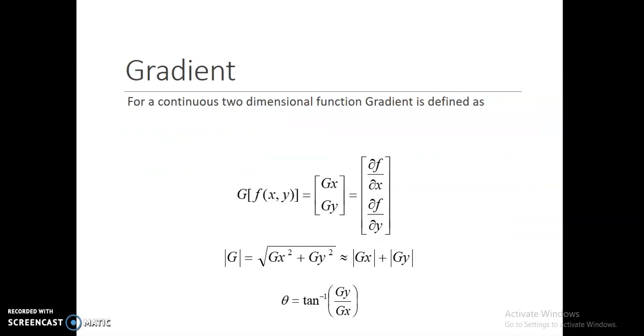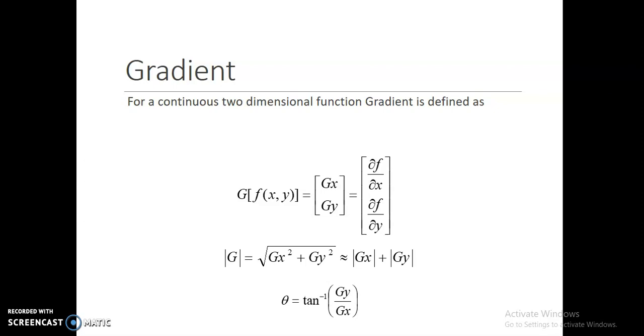Next one is the gradient. What is the gradient? The gradient is for a two-dimensional function f(x,y). It can be computed as Gx, the gradient in the x direction, and Gy, the gradient in the y direction: del f upon del x is Gx, and del f upon del y is Gy.